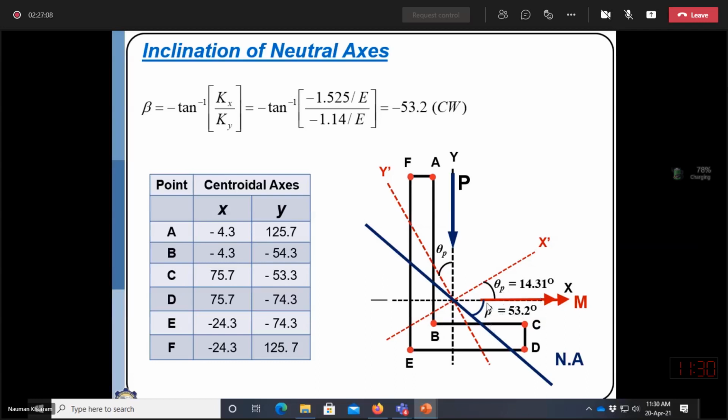This beta has the same orientation that we determined in the principle of superposition method, where the orientation of the principal axis was counterclockwise with a value of 14.31. If you add this theta with beta, the value from the principal axis will be exactly equal to the 67 point something that we determined by the principle of superposition method.